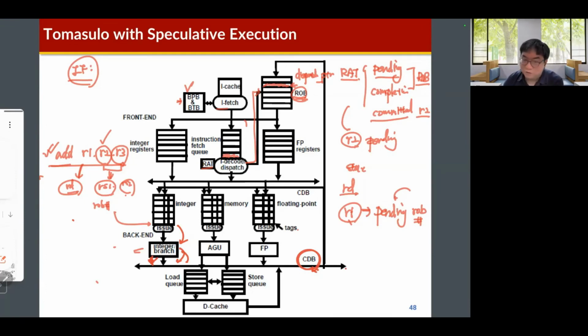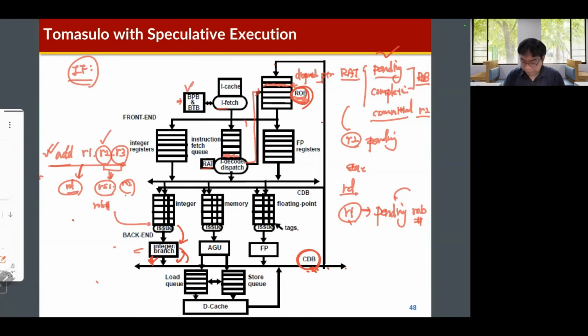It's the same as the Tomasulo algorithm. But in the Tomasulo algorithm, the common data bus is connected to the registers. In Tomasulo with speculation, the common data bus is connected to the ROB. So when the instruction execution is completed, the result is delivered first to the issue queues, because the issue queues have the pending registers, and the result is delivered to the ROB.